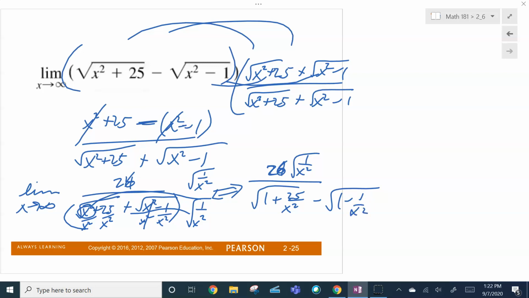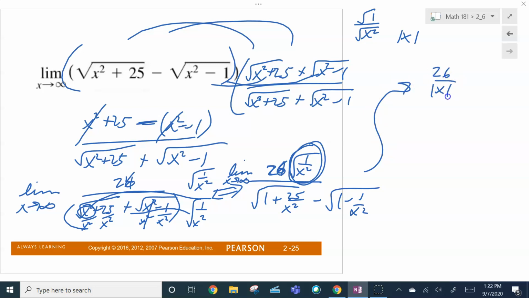Okay. Now I'm thinking about this, the limit. So x goes to infinity on this. Okay. And by the way, what is the square root of 1? It's 1. The square root of x squared, that's the same thing as the absolute value right there. So you could write this as 26 over the absolute value of x.